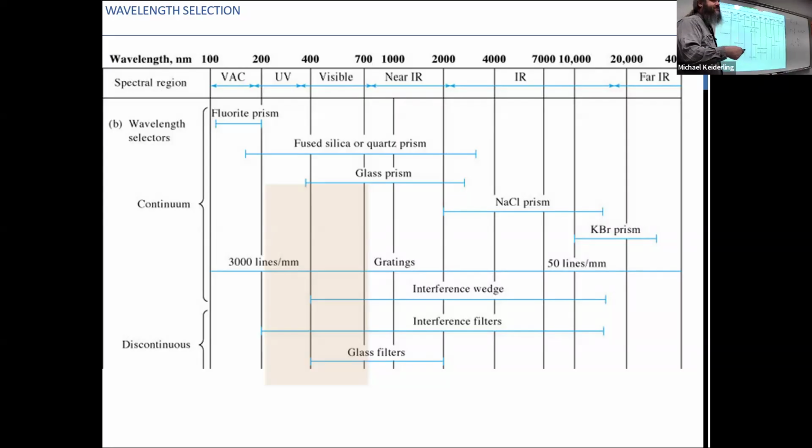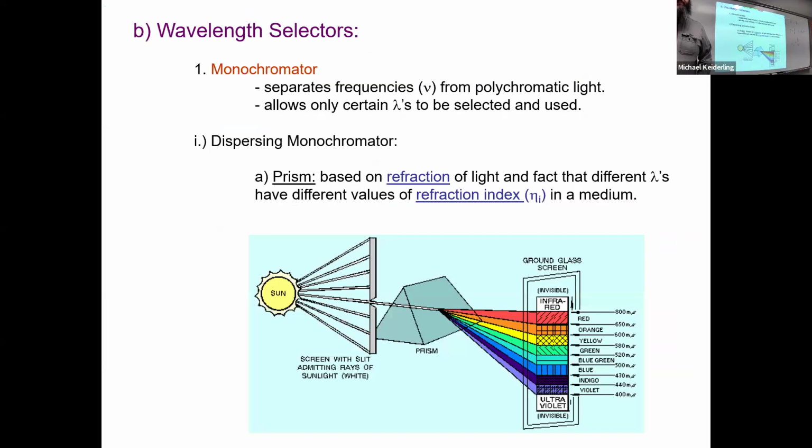For longer wavelengths, 50 lines per millimeter. There are also interference wedges which can be used. Those tend to be from visible down into IR. Or various interference filters are discontinuous. It's just a filter, but it's based on interference. It pulls out just certain wavelengths. And then various filters, like colored filters, basically.